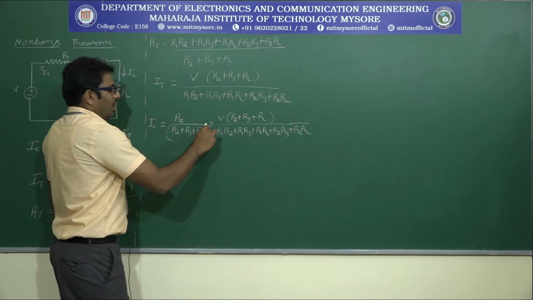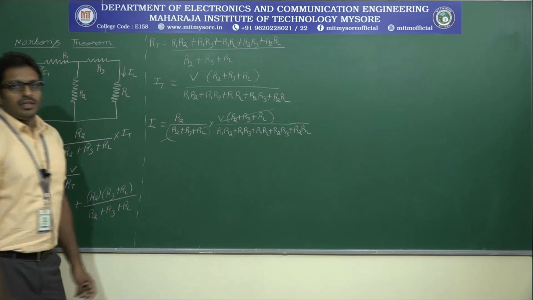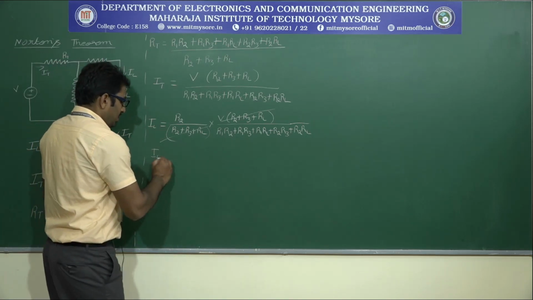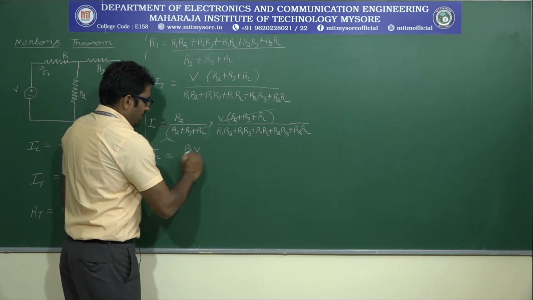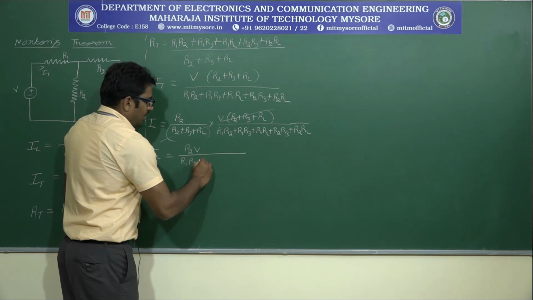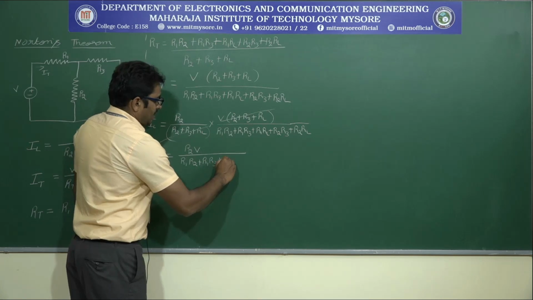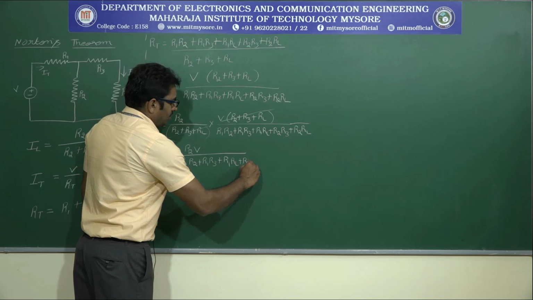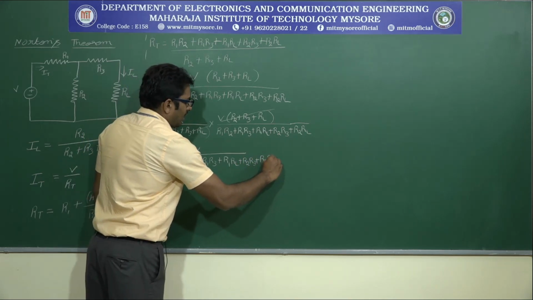So (R2 plus R3 plus RL) cancels with (R2 plus R3 plus RL). What is remaining? IL is equal to R2 times V divided by R1 R2 plus R1 R3 plus R1 RL plus R2 R3 plus R2 RL.